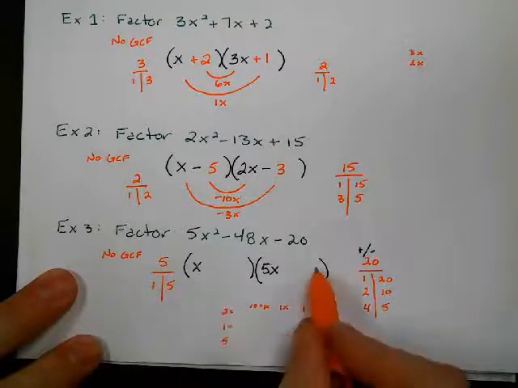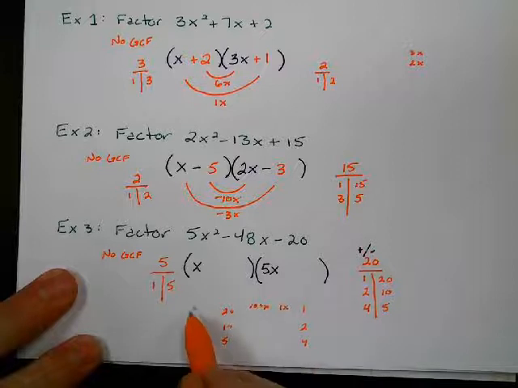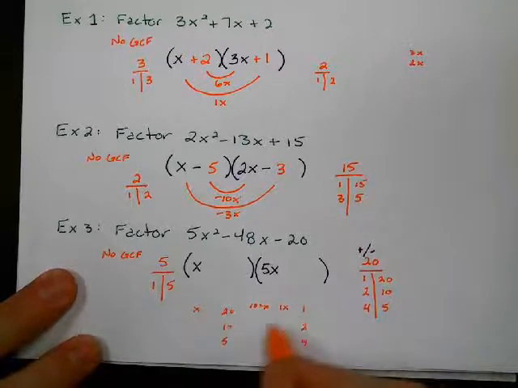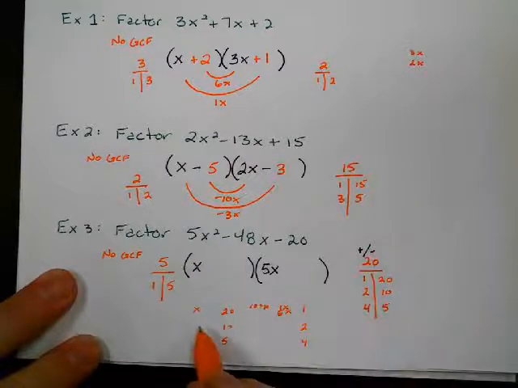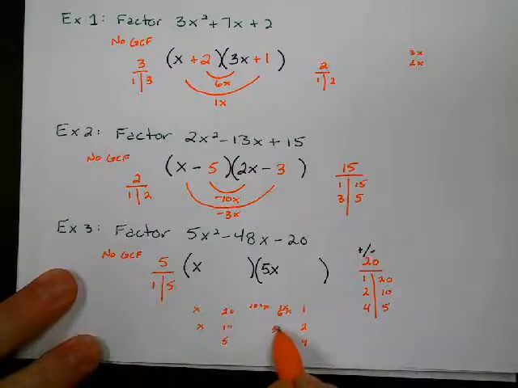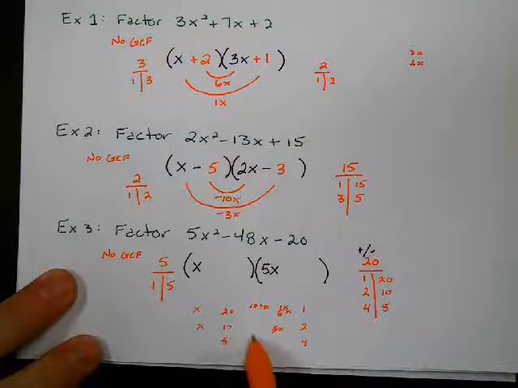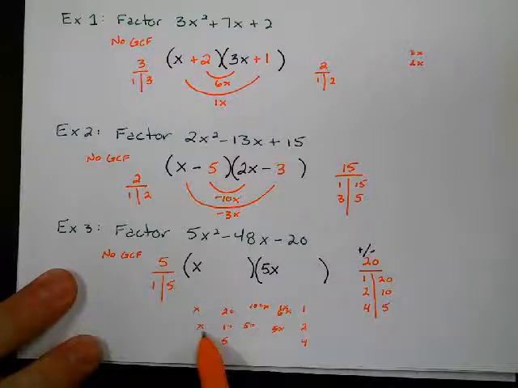So if this was x, and then this were 5x. Okay, what if this one were x and this one over here were 5x? Well, here I would have 10 times 5, which is 50. And then over here, I've got 2 times x, which is 2x.